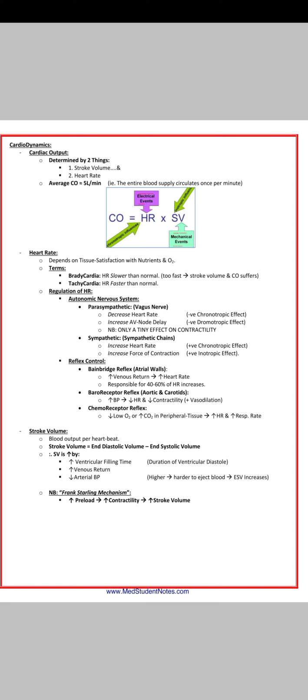So the contraction causes the output of a certain volume of blood out of the heart, by the number of heart beats per minute. That volume is known as stroke volume. So stroke volume can be identified as blood output divided by heart rate, and as end diastolic volume minus end systolic volume.